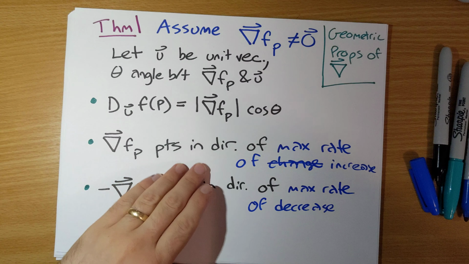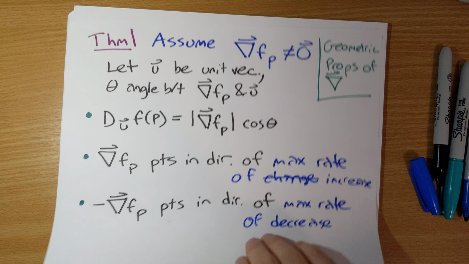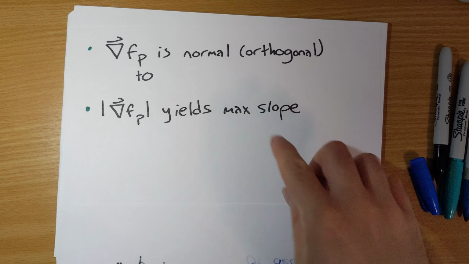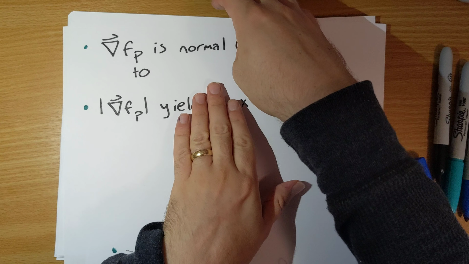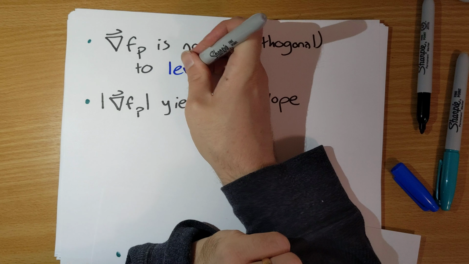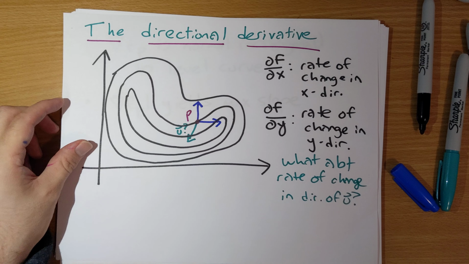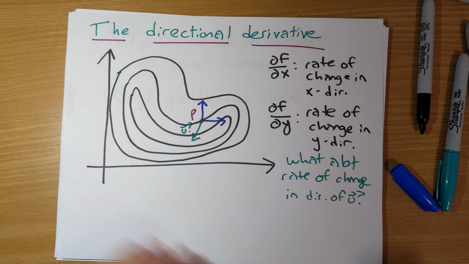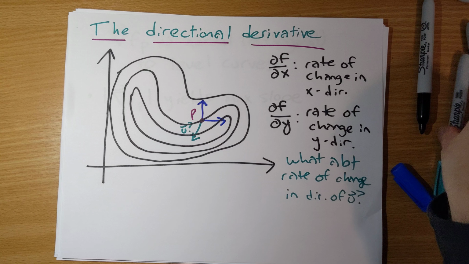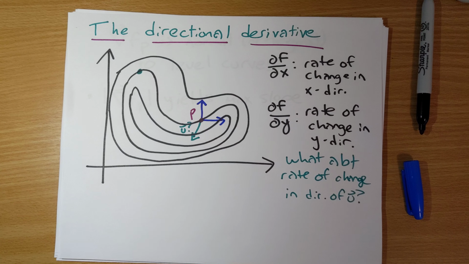Okay, so two more coming up here. The gradient is normal, or orthogonal, to level curves. So let me go back to the picture that I drew in the previous video. Let's say that we are standing at this point right here.